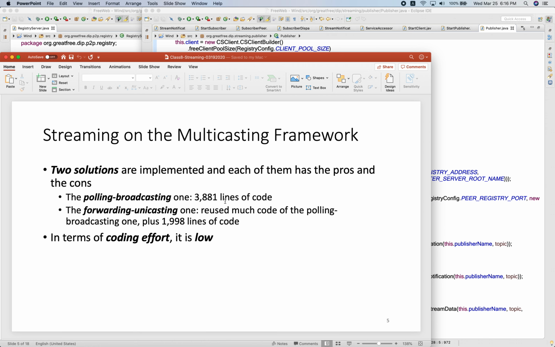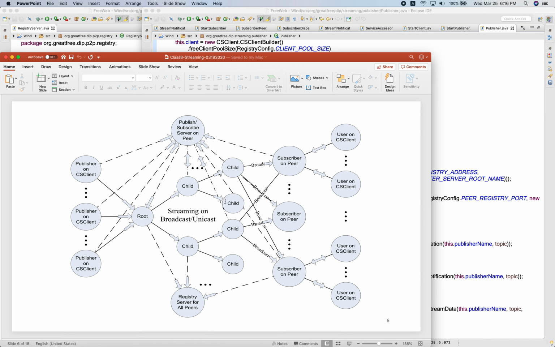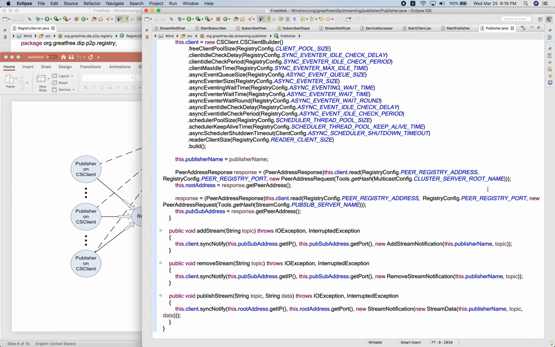It's a tiny project. If you use the traditional approach, it's a large project. The lines of code must, I think, be at least 50,000 lines, right? That's more than 10 times what we have done.